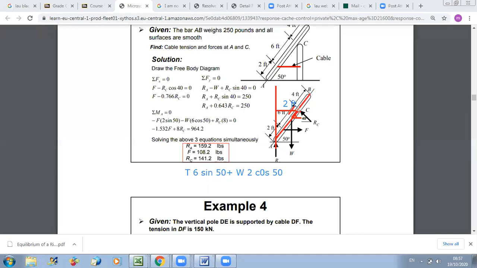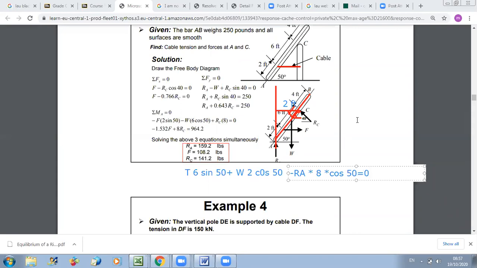Okay, and to find this distance here, you need the angle. This angle here is 50. So what will be the distance here? It will be 8 cosine 50. So for RA, it's minus RA times 8 cosine 50. Okay, and now this is equal to 0.